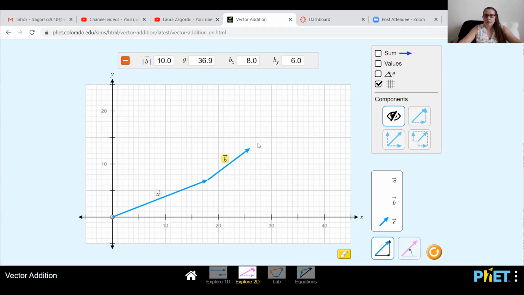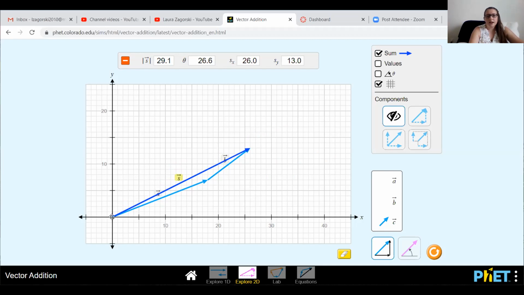Our displacement, though, is a little bit weird in this case. We can't just add them together to get our displacement this time because they're not in exactly the same direction. And so in this case, our sum vector, if we were to drag it over here, you see it kind of completes the triangle.